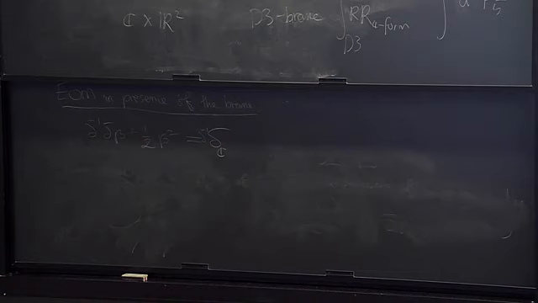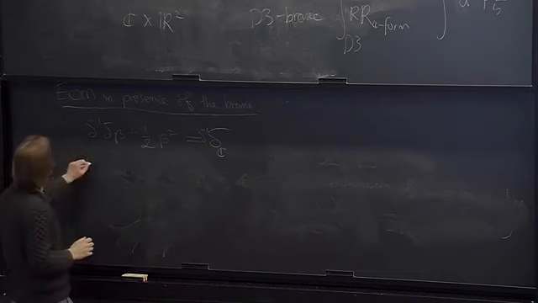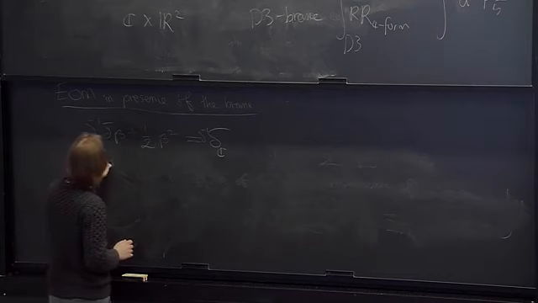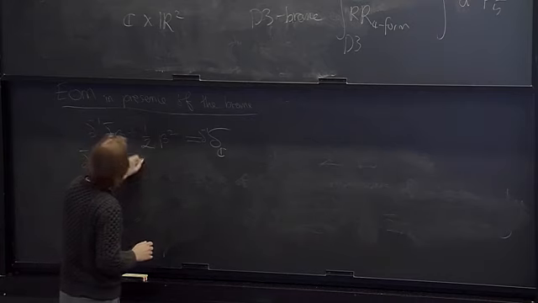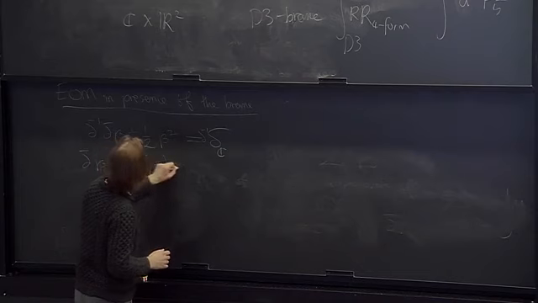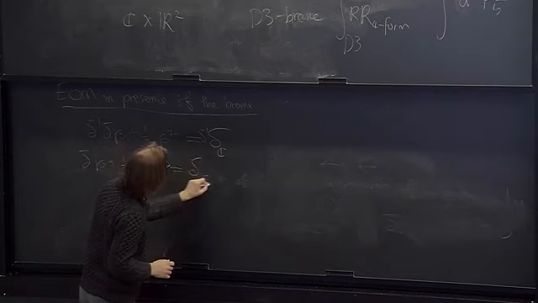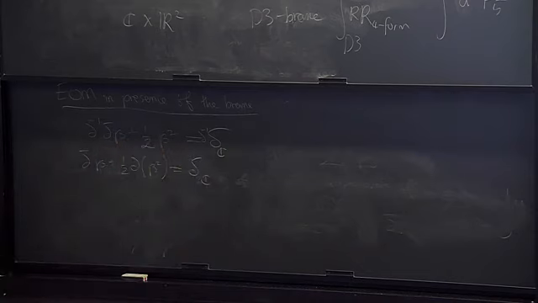Now I hit both sides with del inverse, and find that d bar beta plus a half del beta squared is equal to the delta function on C. And now we can solve this equation quite explicitly.